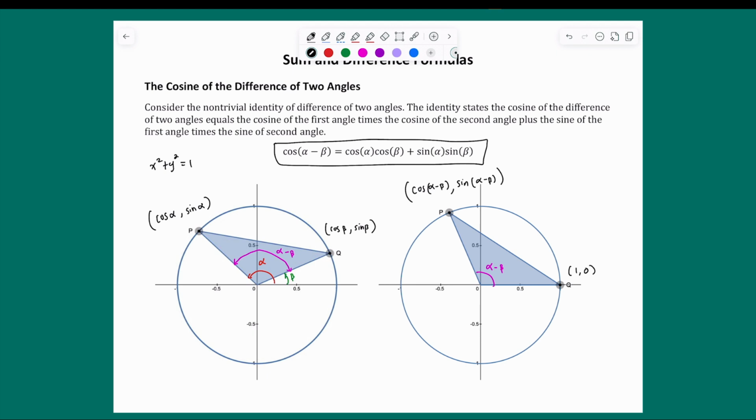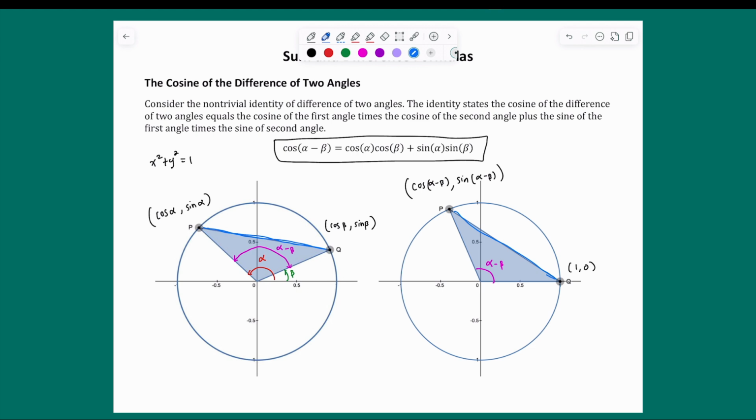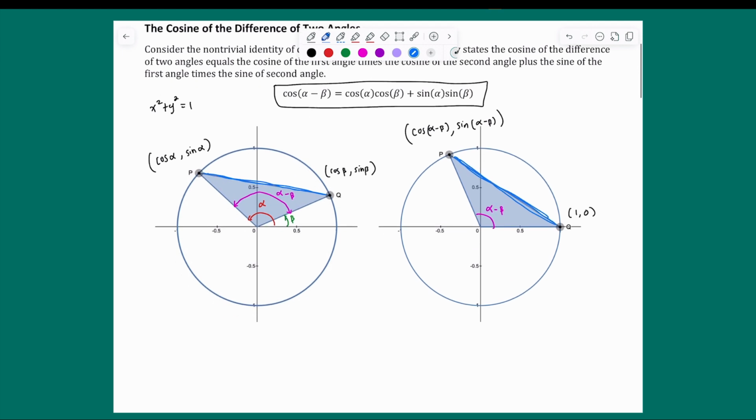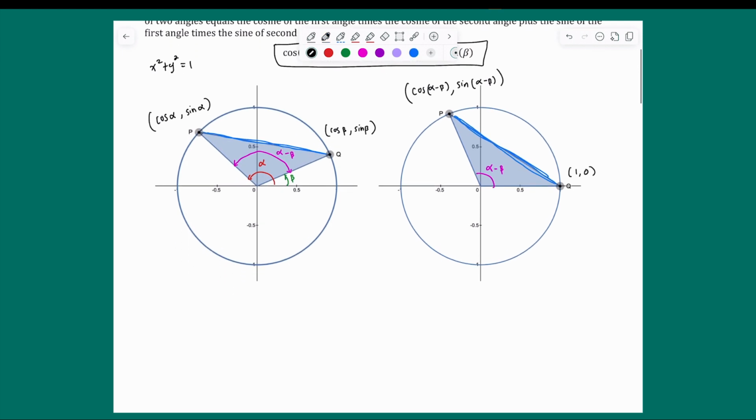The argument we're going to make is that the line segment between P and Q in both pictures, the lengths of those line segments, are going to be equal. All we did was a rotation, so the angle and the length are preserved. And so the length of PQ is going to be equal on both of these circles.